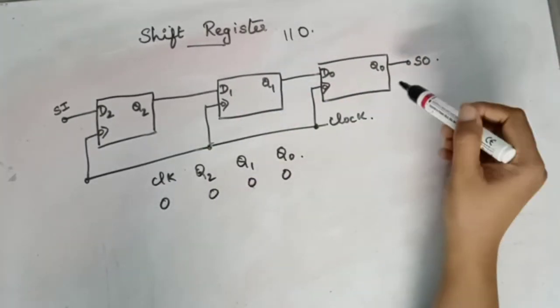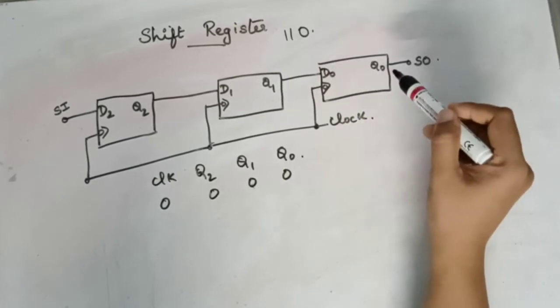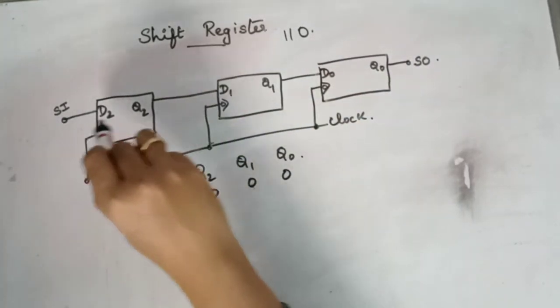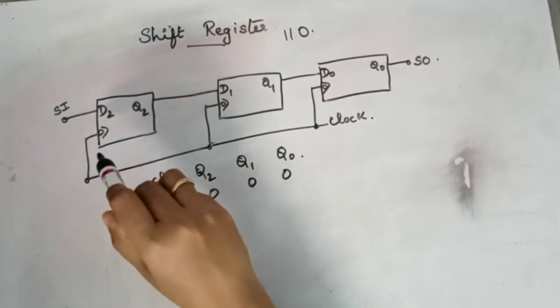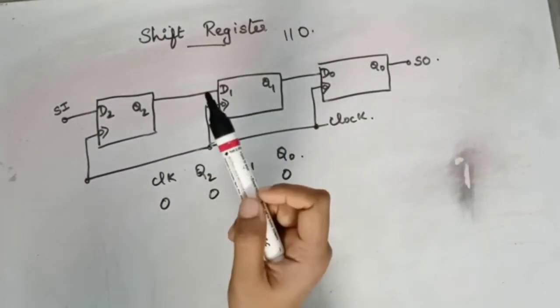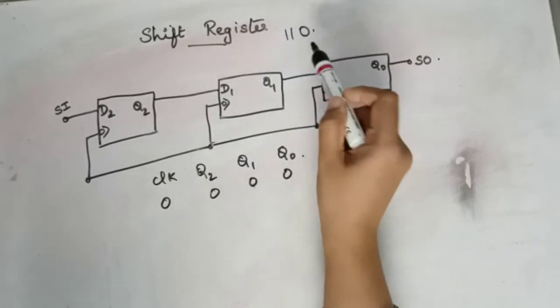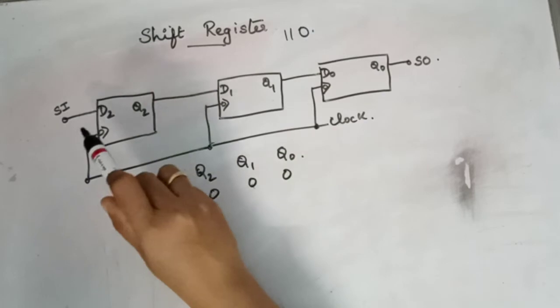Since I need Q0 equal to 0 and I am giving the data from this end, I will send the LSB first, not the MSB. So this data is sent first.